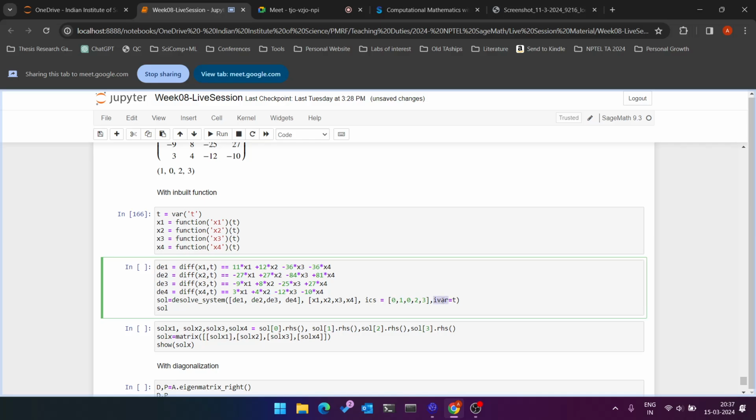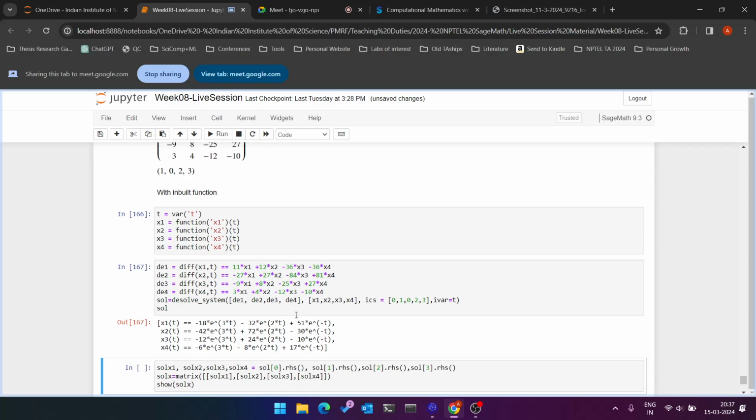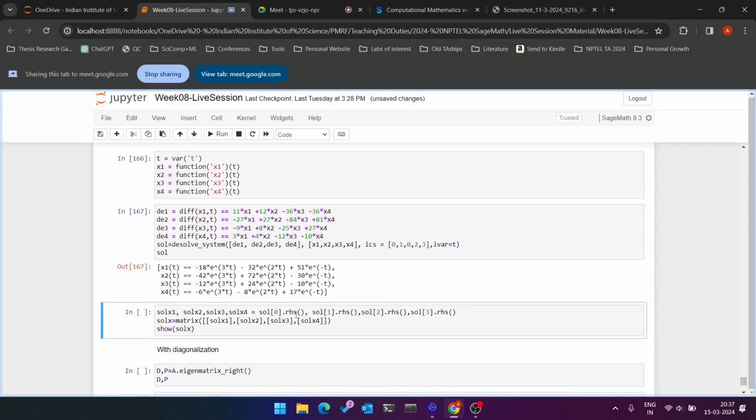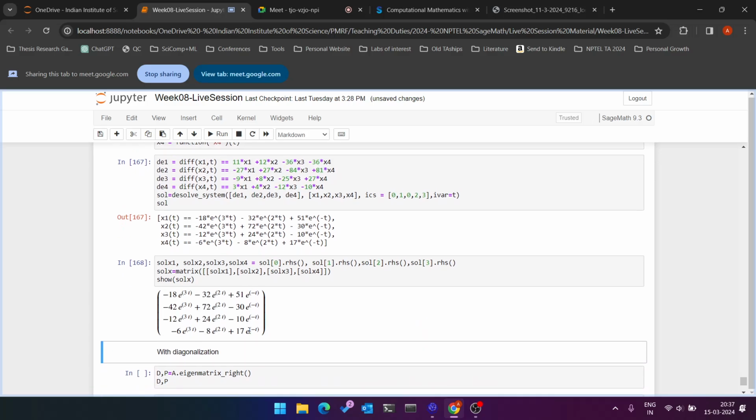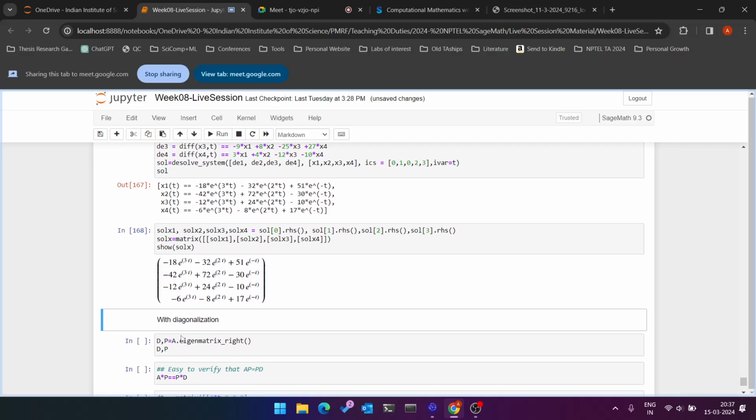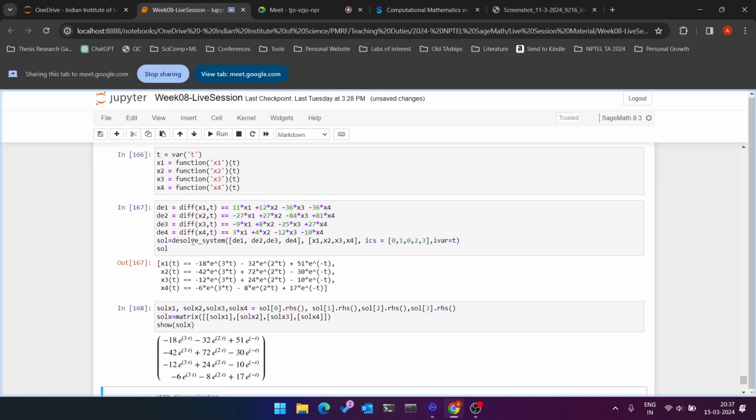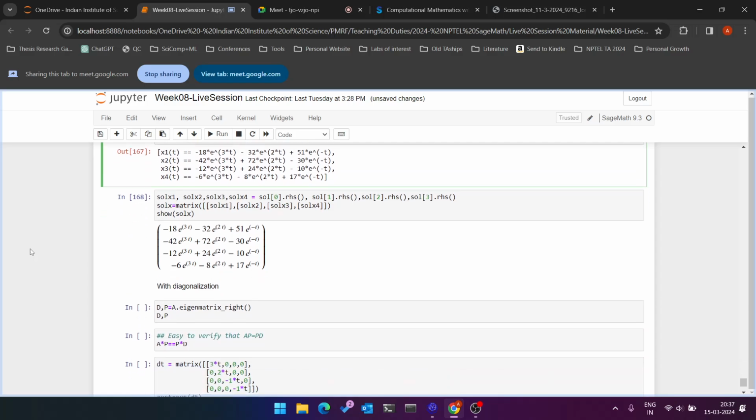We are telling it that the independent variable is t. Once I do solve, I get a bunch of equations, and what I'll now do is rearrange them properly in the form of a matrix. So my x1 of t, x2 of t, x3 of t, and x4 of t is basically this 4 by 1 vector. Okay, straightforward using the dsolve system inbuilt function.